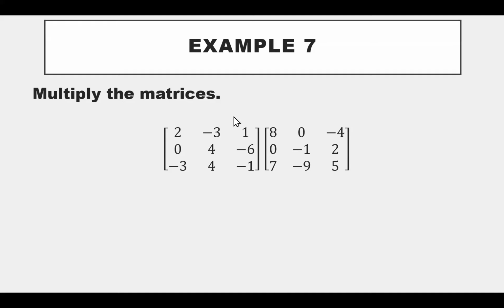There's 3 columns in the first matrix, 3 rows in the second matrix. So the multiplication will exist and it'll give us a 3 by 3. That's the nice thing about square matrices. When we do multiplication of a square matrix by another square matrix with the exact same dimensions, we get out a square matrix with the exact same dimensions.